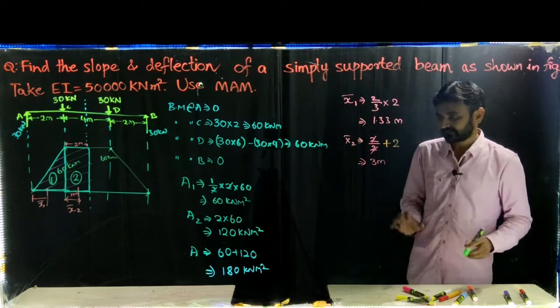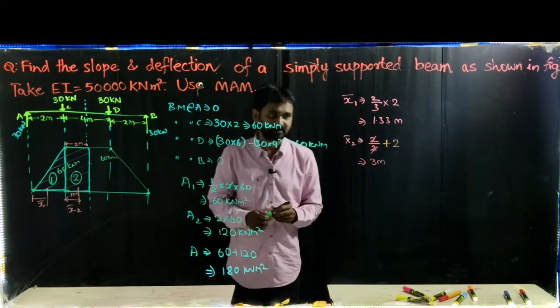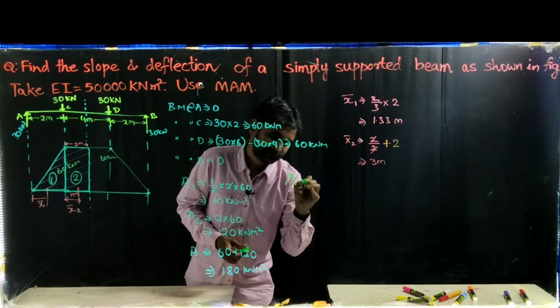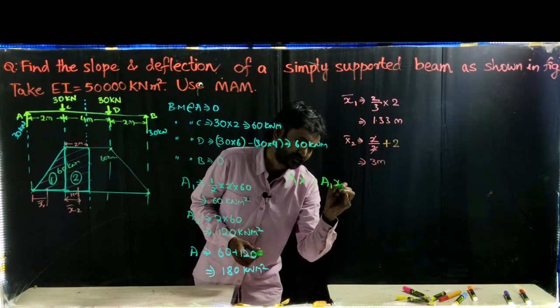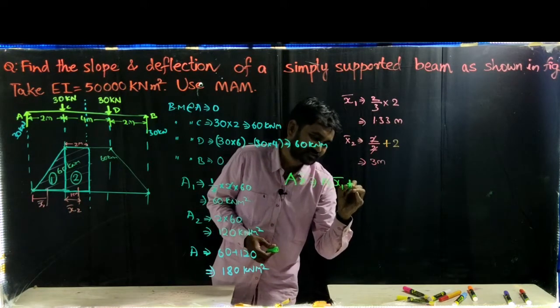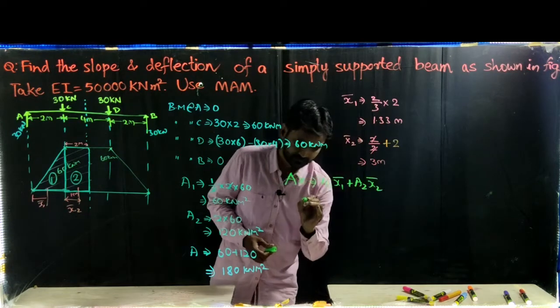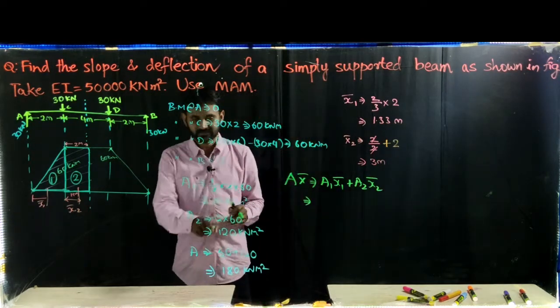See, in this particular problem we have to solve A x bar, right? Now A x bar, what is A x bar? A x bar in the sense A1 x1 bar plus A2 x2 bar, right? What is A1 here? A1 is nothing but the area.